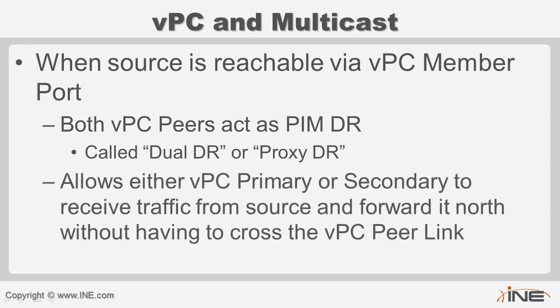Okay, it just means that both of them are going to have to maintain more information in the control plane. Now, the idea behind this is that it's going to allow either the VPC primary or the secondary to receive the traffic and then forward it upstream without necessarily having to cross the VPC peer link. Okay, so it really depends on where the receiver is, whether this traffic is going to need to go across there or not.